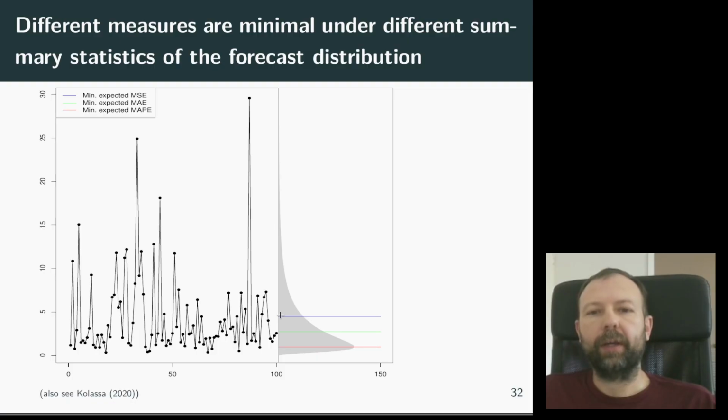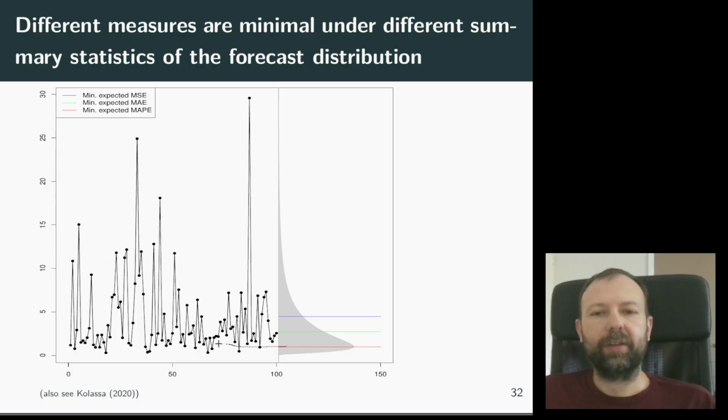And now the blue line is the forecast that minimizes MSE. So if you take MSE for evaluation, the blue line is the best forecast. If you take MAE for evaluation, the green line is the best forecast. And if you use MAPE for evaluation, the red line is the best forecast.